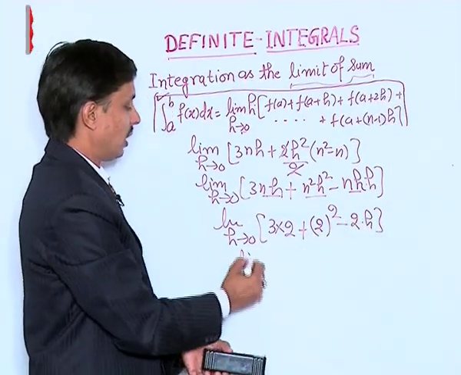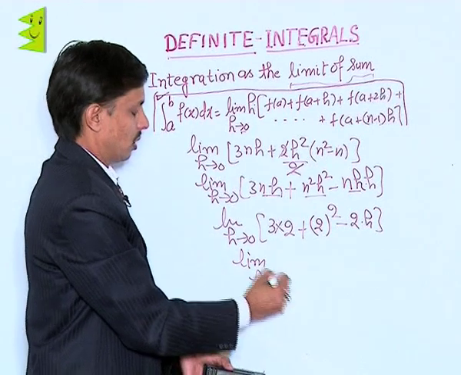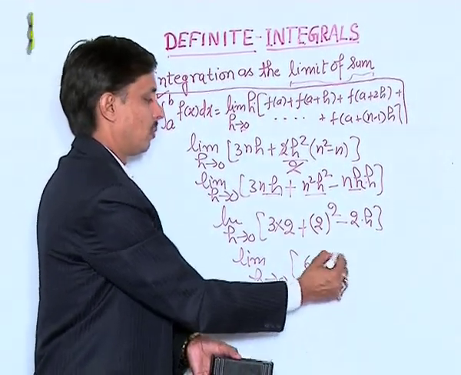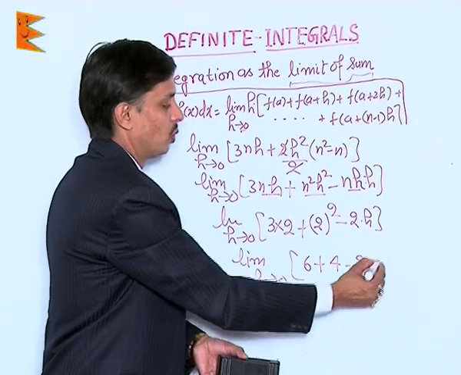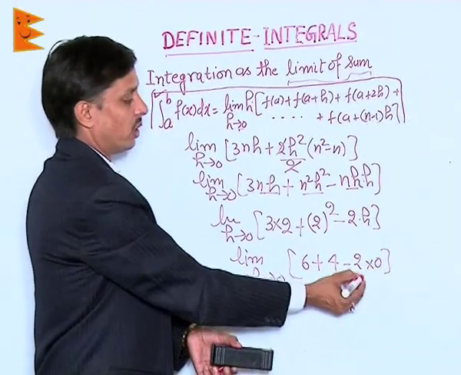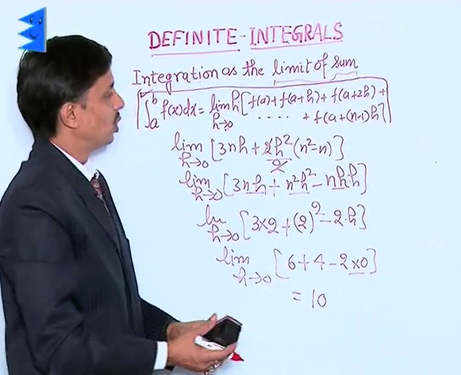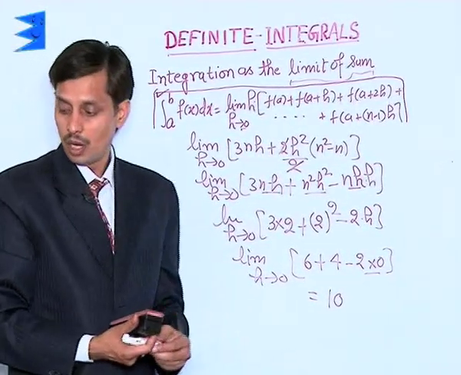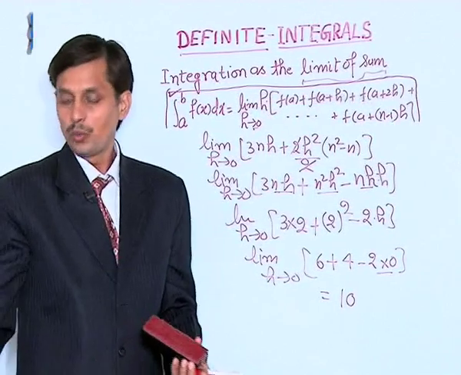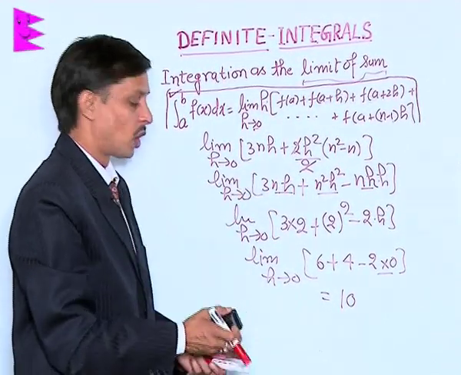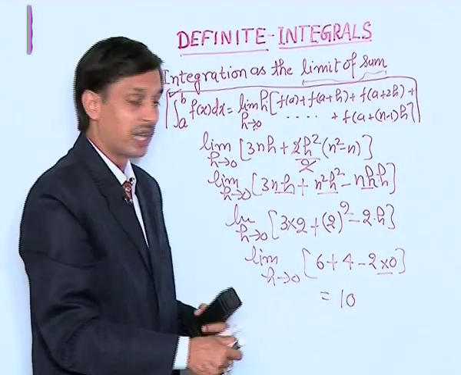So ultimately the limit h tending to 0 is 6 plus 4 minus 2 into 0. 2 into 0 is 0, 6 plus 4 is 10. So using the concept of limit as sum, we are saying the answer of the problem is coming out to be 10.